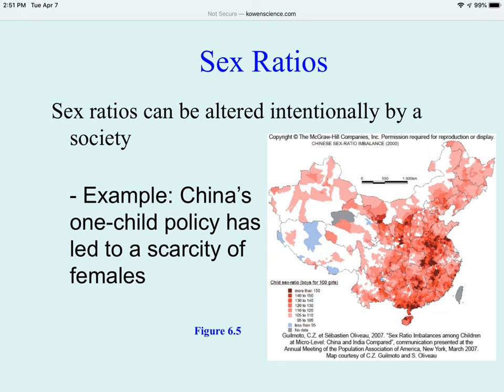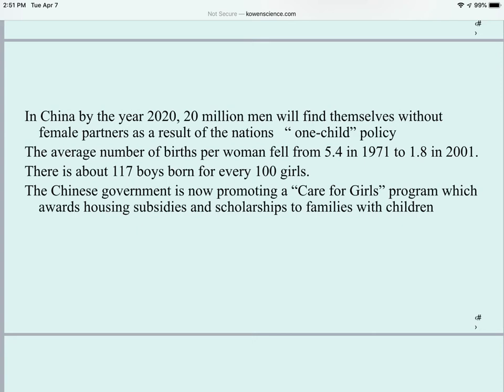The example that we'll give you is China's one-child policy, and that's led to a huge scarcity of females. So much so that they believe by this year there should be 20 million men without female partners because of the one-child policy. They started addressing this a few years back, and they were allowing parents to have 2 children.